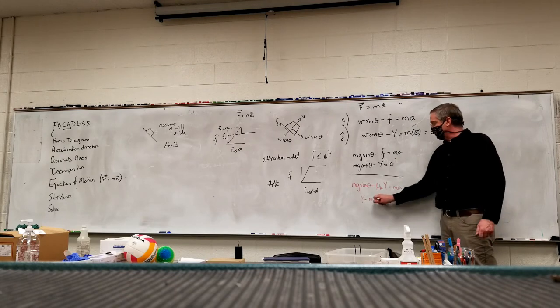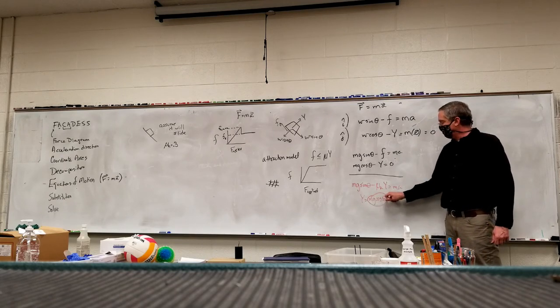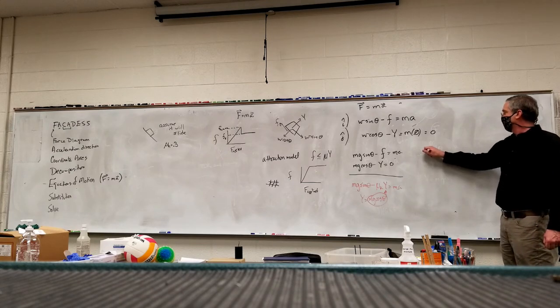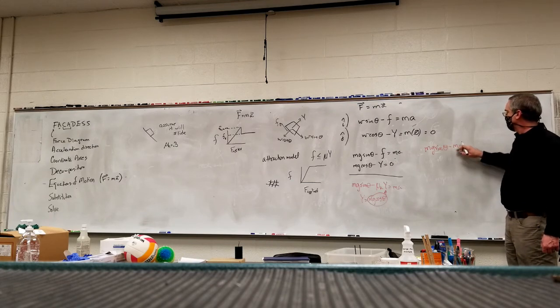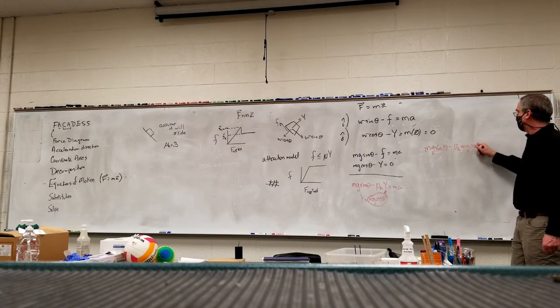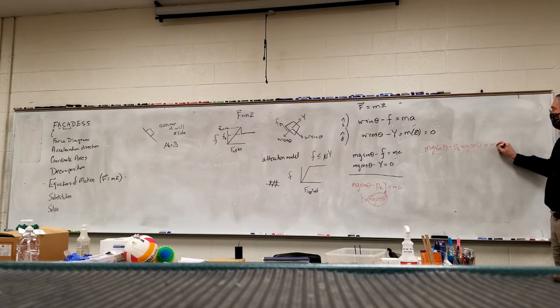And solving for acceleration, well, we just take this right there and substitute it for N. So I have mg sine theta minus mu_k mg cosine theta equals ma.